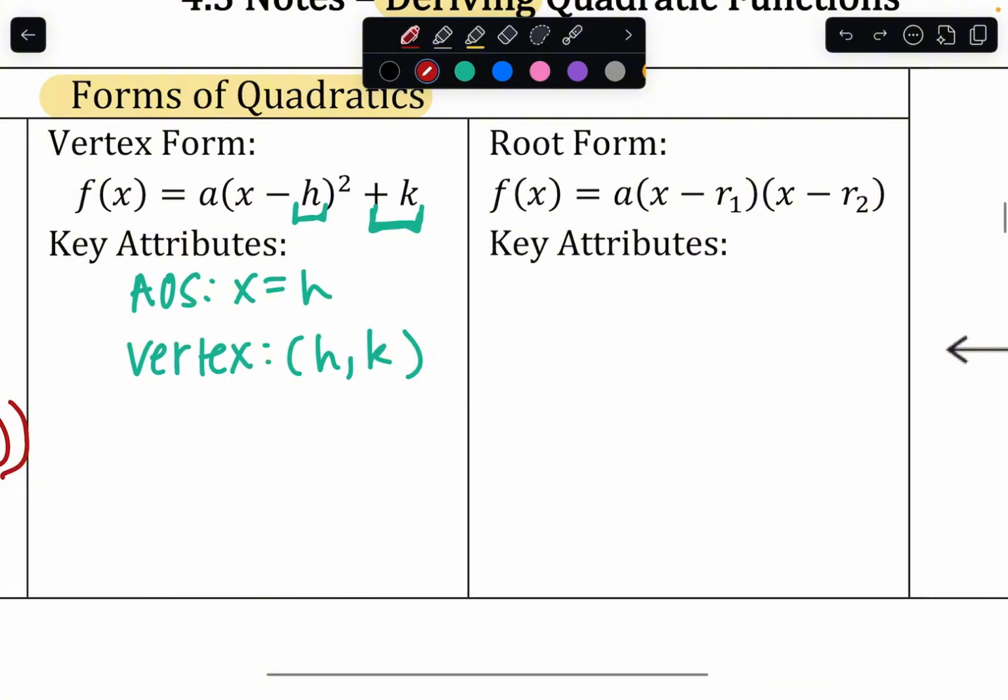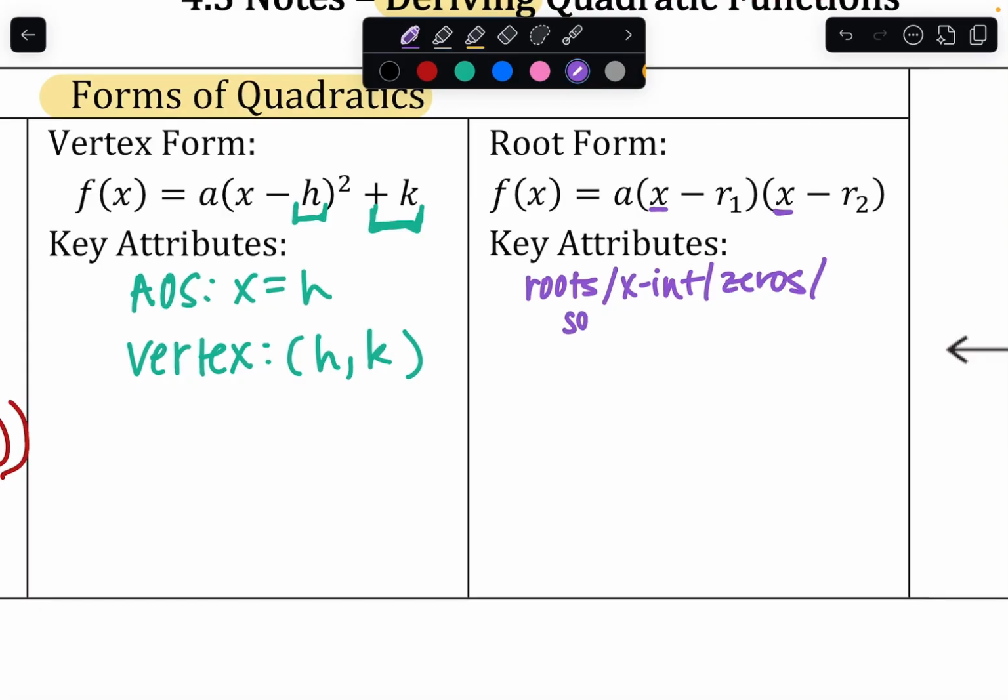For root form, you'll have two sets of parentheses and you'll see x written twice. From root form, you get the roots for free. The roots are the same thing as x-intercepts, the same thing as zeros, and they're also called solutions. You'll see that when we start solving quadratic equations, but they're given by R1 and R2.